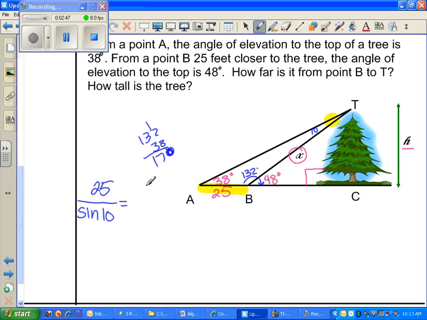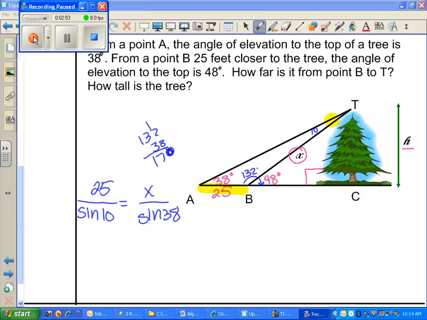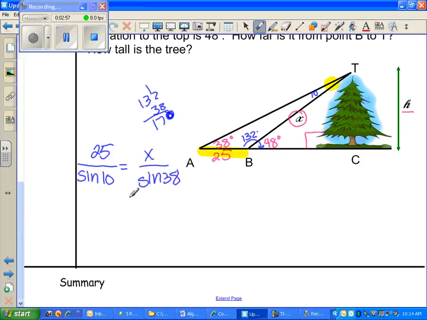And then side A is x over sine of A, which is 38. So we need to cross multiply and solve for x. So 25 sine 38 equals x times sine 10. So we need to divide by sine 10.